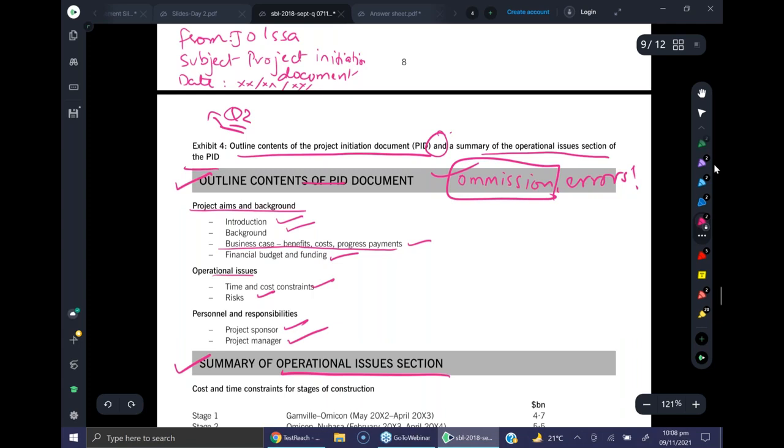Are there any things which are missing? Time duration should have been included. So can we say that there are some omissions, Apurva? The time is not mentioned, the timelines.